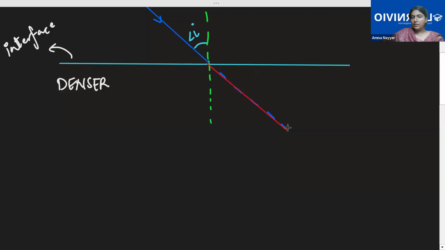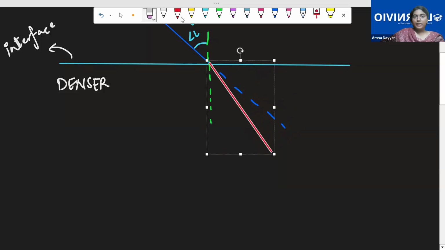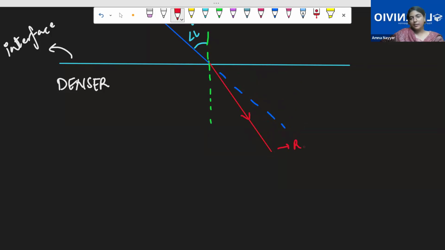This is the original path and you are going away from the normal. This is what is meant by bending. Now towards the normal means like this. This was supposed to be the direction, but rather than going here, we are going towards our normal. Clear?